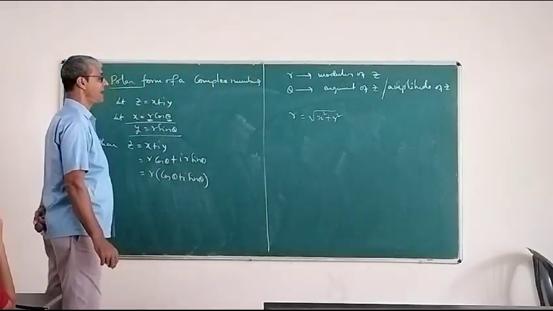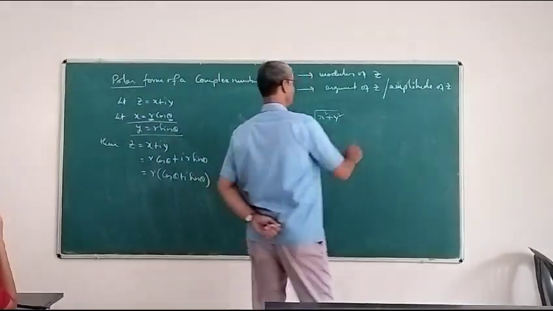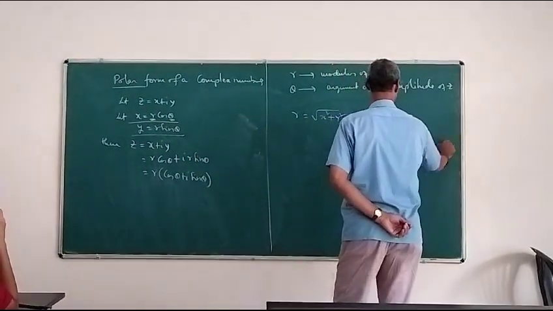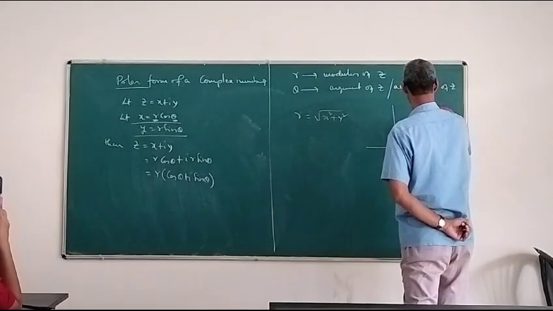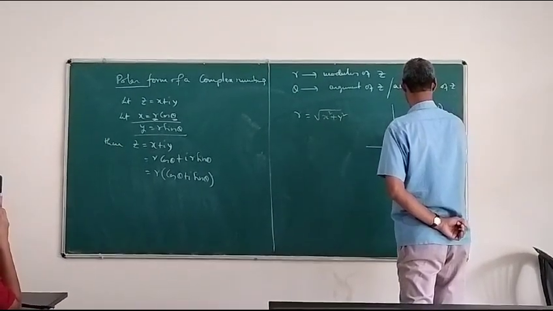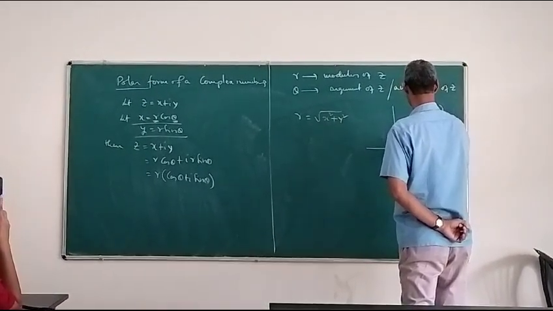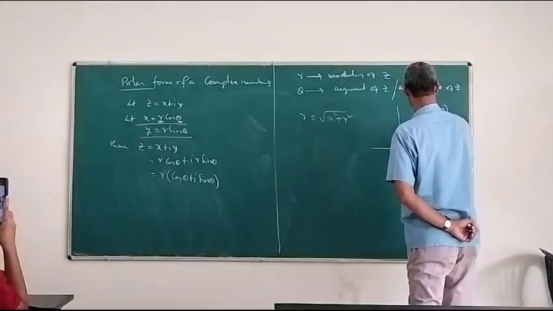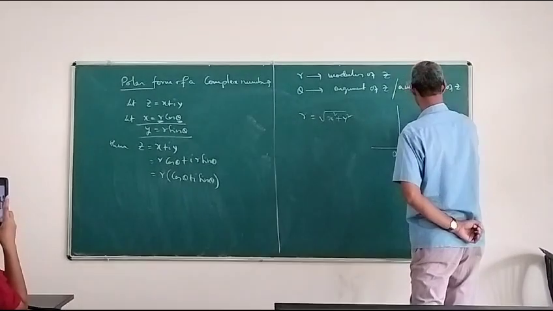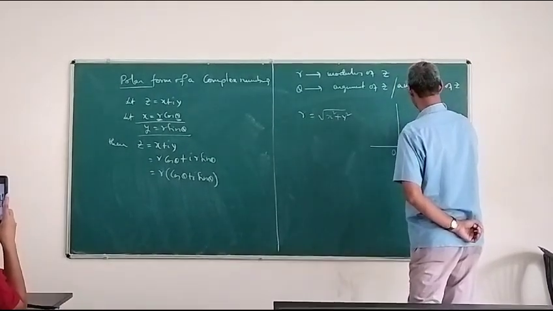So r is the actual distance if we represent the complex number in the Argand plane. Suppose this is the z, this is x, this is y, and this distance from O to the position P, OP, will be the value of r.